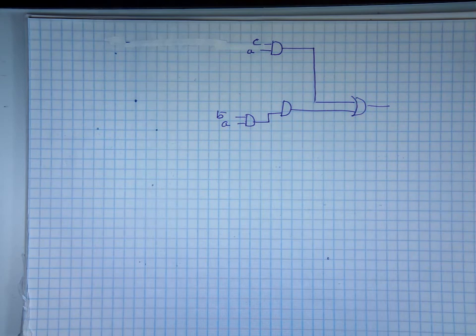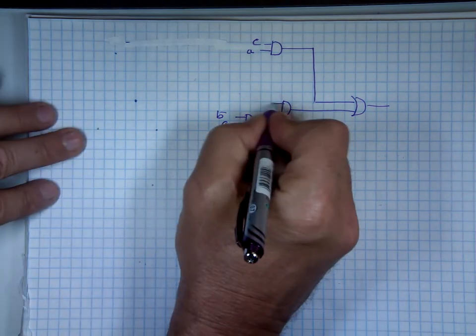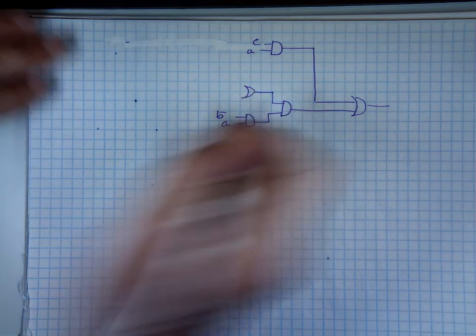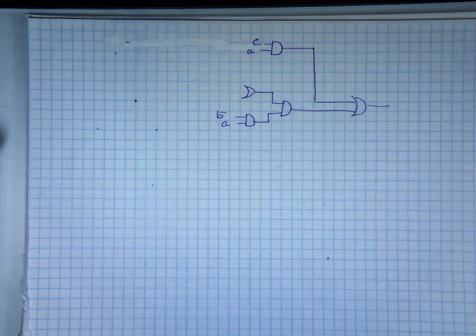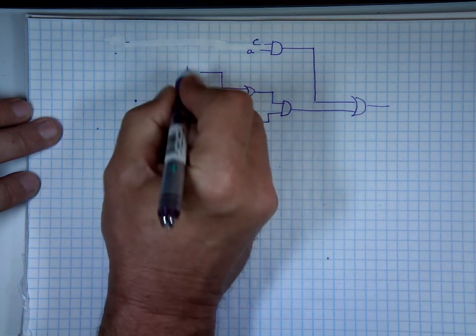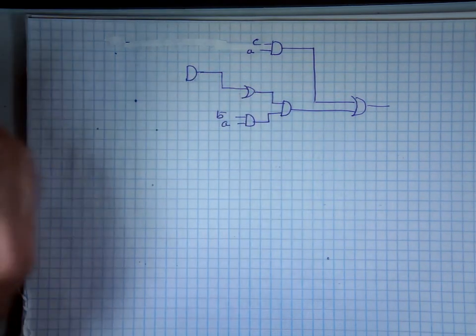Here, it's an OR gate. Attached to the OR gate, oh God, an AND gate. And one of them is C bar.